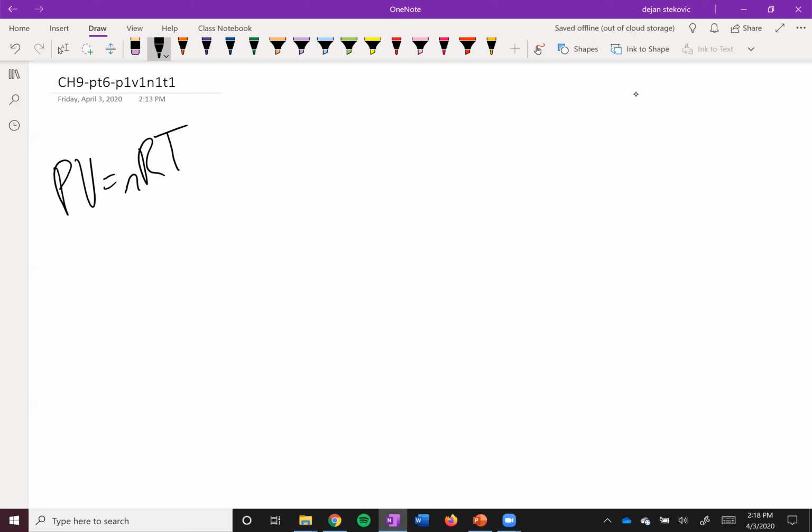So the trick to solving this is to first reorganize this equation to isolate R on one side. So we're going to divide both sides by nT. So it's PV over nT is equal to R, right? We know it's an ideal gas, so it's behaving according to PV equals nRT.